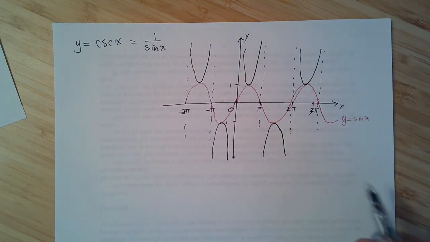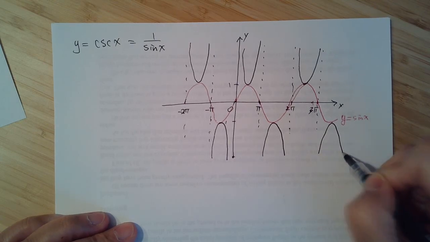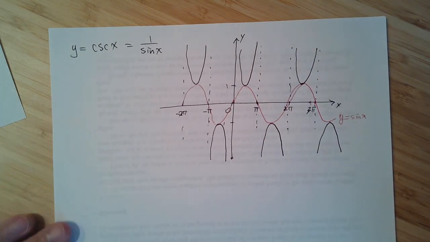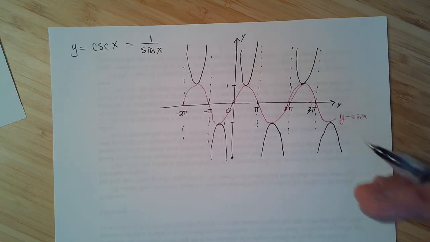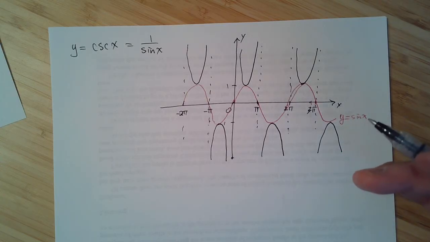That's my graph of y equals cosecant x. You see how I do that? You always go back to sine and cosine. Then it's going to be super easy.